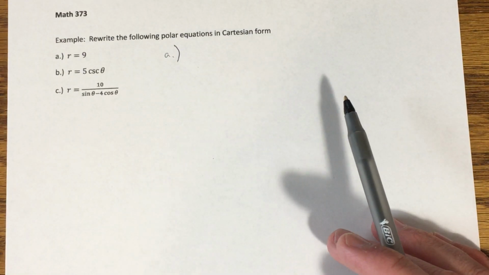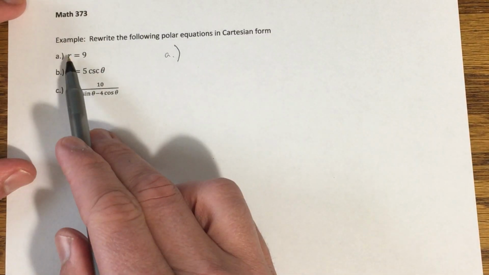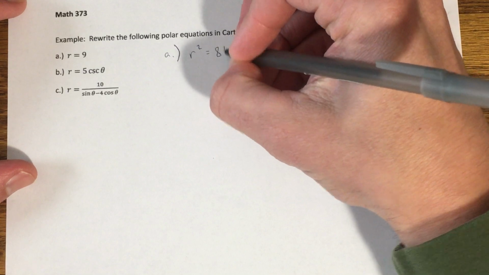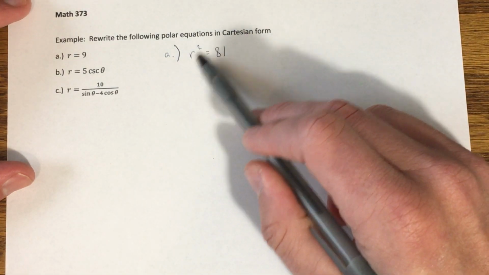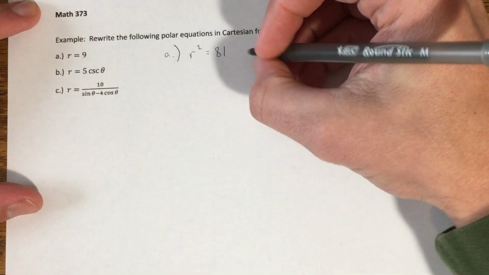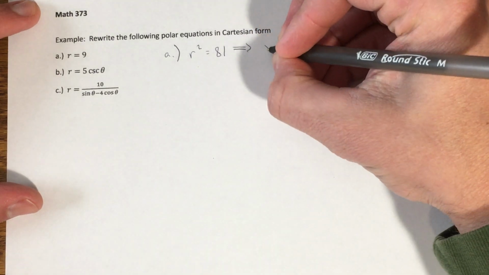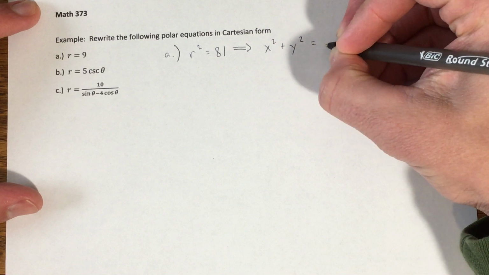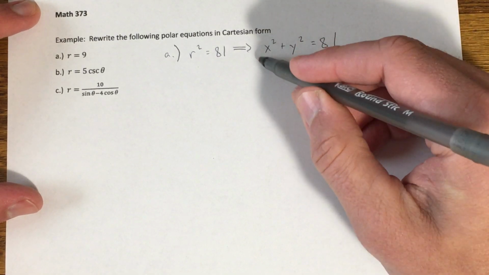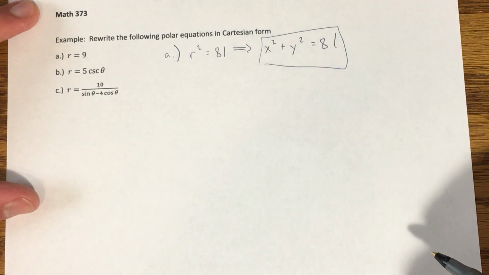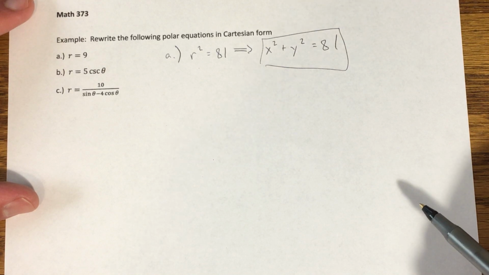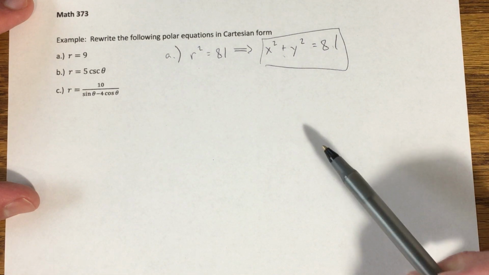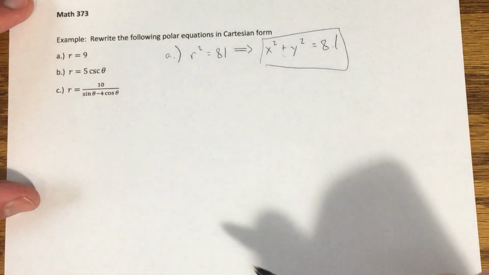So what I'm going to do is start by squaring both sides so that it says r squared equals 81. I'm doing that because I have a conversion formula that uses r squared. r squared is the same thing as x squared plus y squared. And so now we have the Cartesian form for that equation. Circle centered at the origin with a radius of 9. That's pretty straightforward.